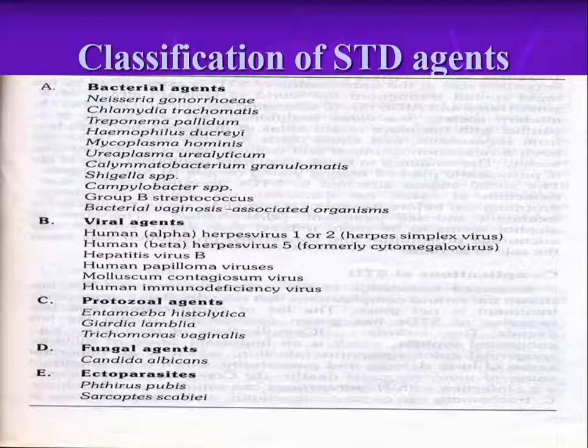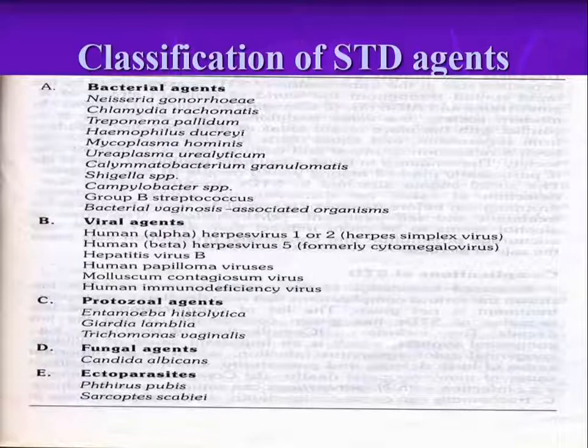Under the bacterial agents, there are Neisseria gonorrhoeae, Chlamydia trachomatis, Treponema pallidum, Haemophilus ducreyi, Mycoplasma hominis, Ureaplasma urealyticum, Calymmatobacterium granulomatis, Shigella, Campylobacter, Group B Streptococcus, and Gardnerella vaginalis. They all come under the bacterial agents.